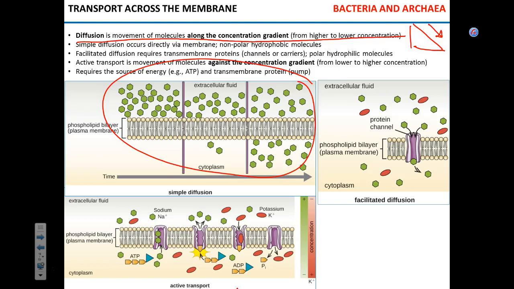So diffusion doesn't require energy, since it moves from higher concentration to lower concentration. Does diffusion require energy? This is a slide. This is a ball. It goes from higher to lower concentration. Does it require energy? No. This is why we call diffusion a passive transport.